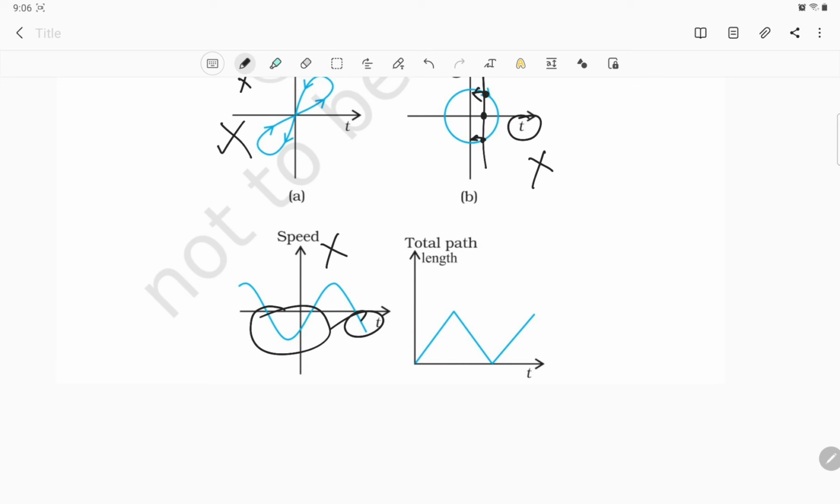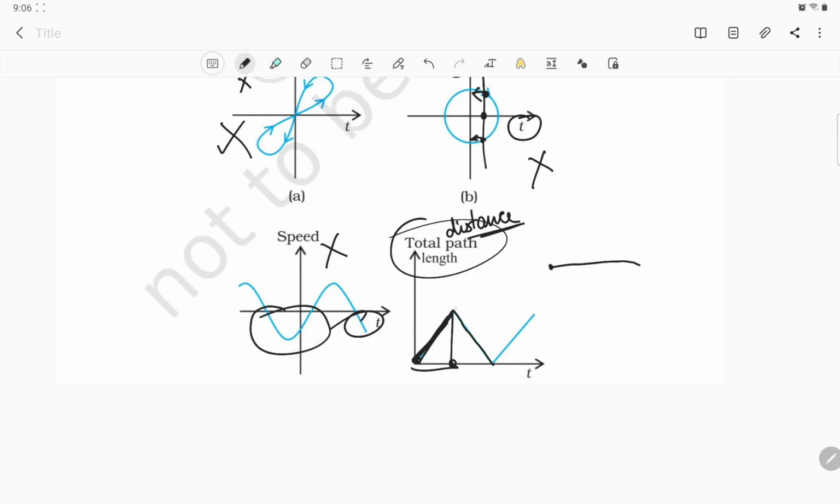What about the fourth graph? In the fourth graph, you can see this is the total path length, which is the distance covered. Distance covered also cannot become less than what it was before, because from 0 to this time it has covered some length.